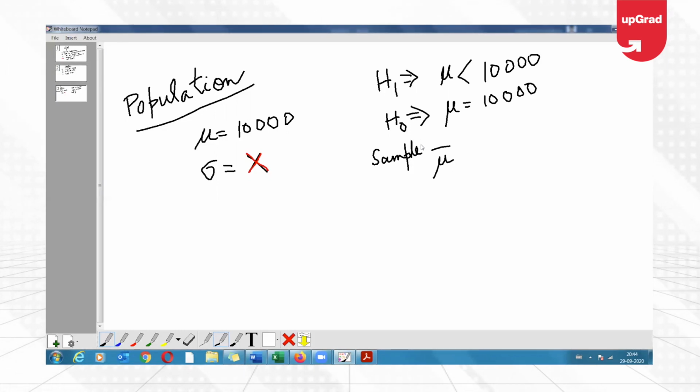So, let's write down whatever we have. So, we have mu bar, which is equal to mu, which is equal to 10,000.